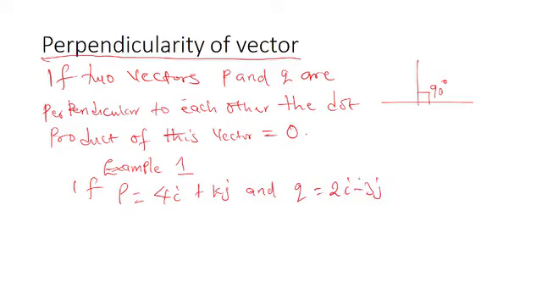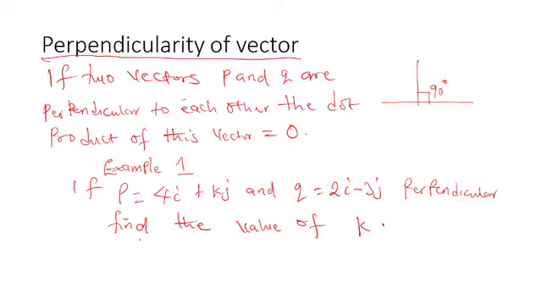Now, if these two vectors are perpendicular, then find the value of k. Okay, now the first thing we need to do is to look for the dot product and equate it to 0 to enable us to get the value of k.